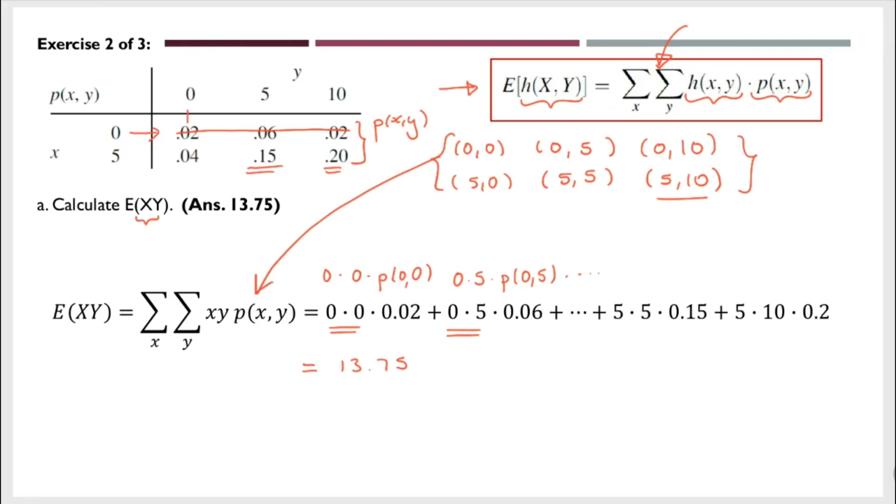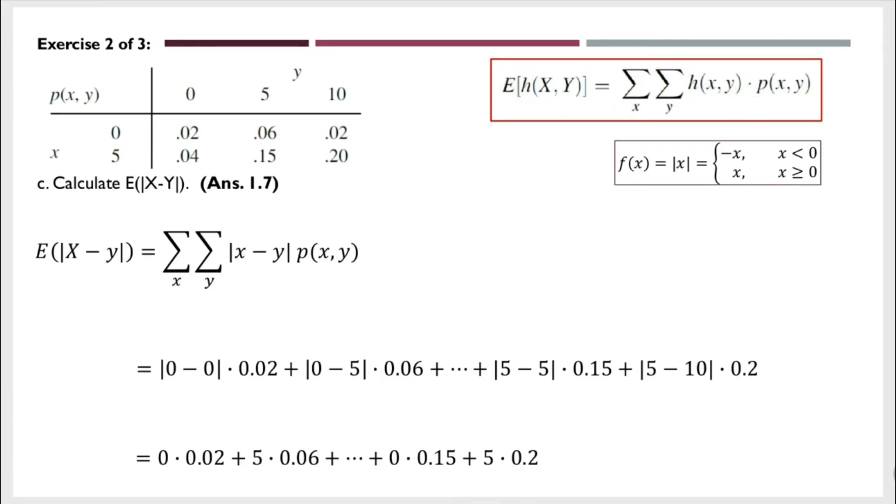And then even here where y is equal to 0 for that whole column. So you're actually going to lose a lot of the terms. So the final answer actually is only that 5 times 5, p(5,5), which is 0.15, plus the last one there, 5 times 10 times 0.2. So you can save yourself a lot of calculations if you can be a little bit smart about it and you notice that, oh, okay, some of these terms become 0.